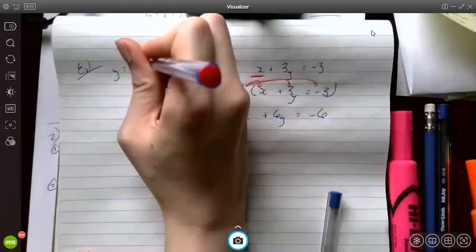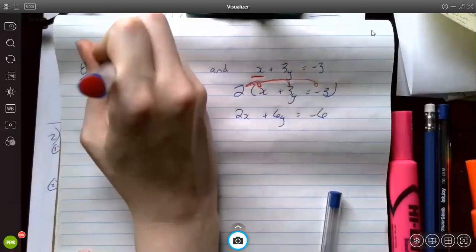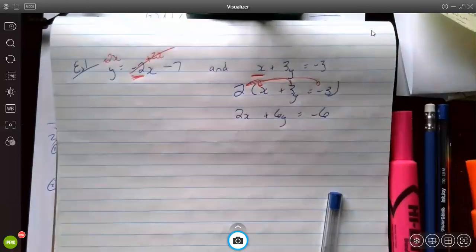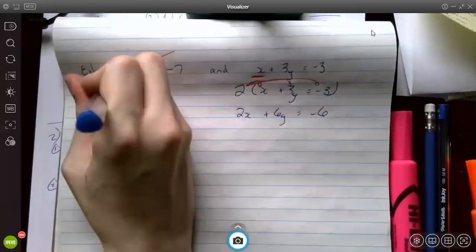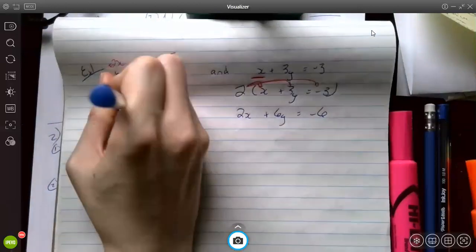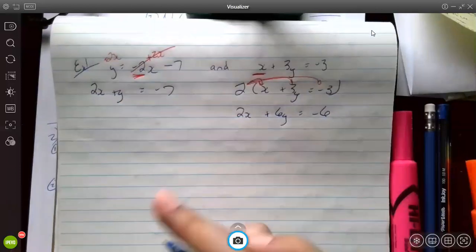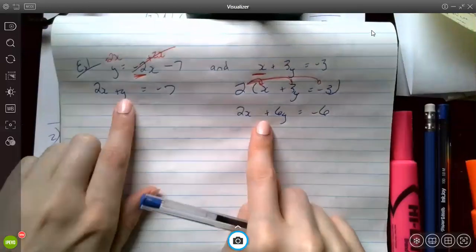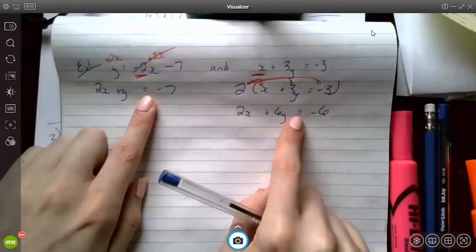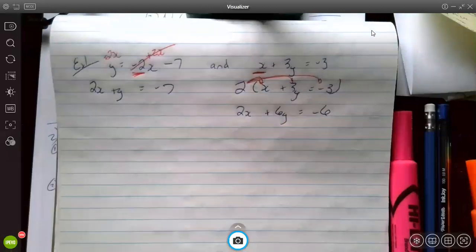If I add 2x to move it to the other side, I can rearrange this equation as 2x plus y equals negative 7. Now in both equations, I have my 2x, then my y, then my equal sign, and then my constant.